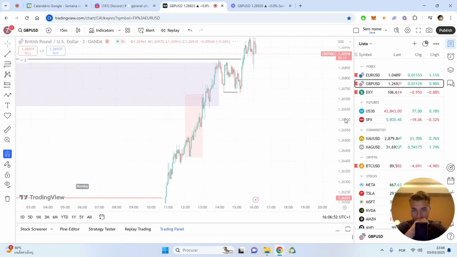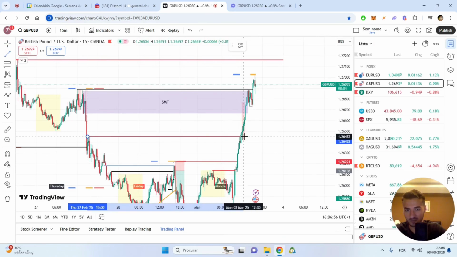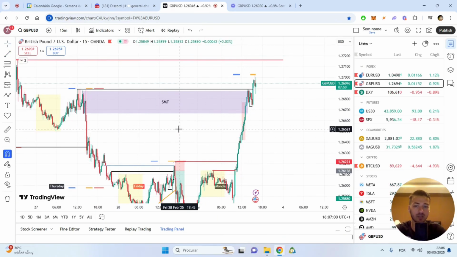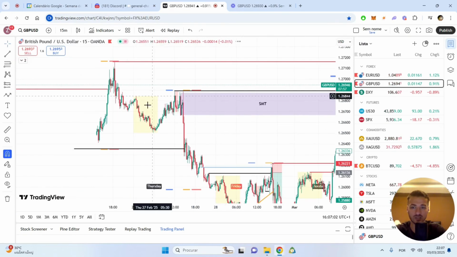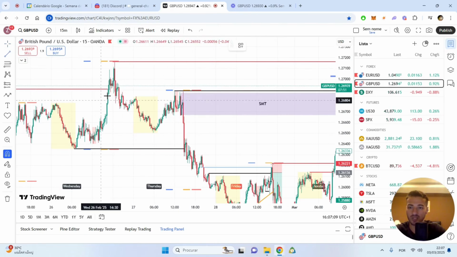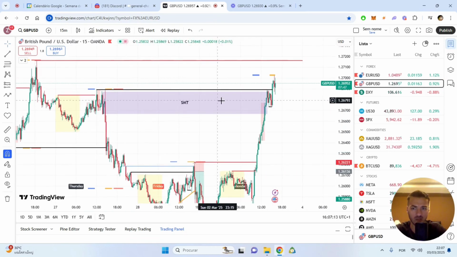I'm exaggerating because we also have a good example here where price is taking the inducement. All right, but there was no reaction here. He's coming to the order block, and now he's interested. Now he's interested because this is the initial order block. Well, not the initial. This is the initial, but it also came to mitigate it and took out Asia liquidity, which looks good. And so he placed his order block.